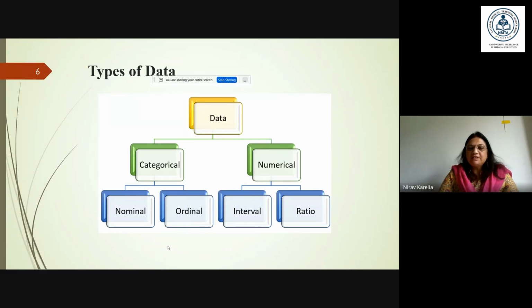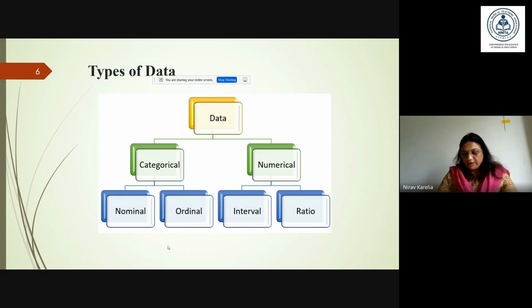The name itself suggests it: category means nominal, which provides an identity to something, like the months, brand name, or department name, whether physiology or biochemistry department. You just give the name to the department. In the case of ordinal, it provides an order or rank, like severity of the disease: mild, moderate, and severe.